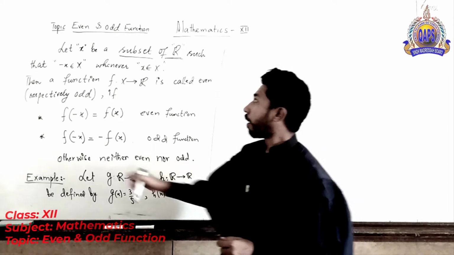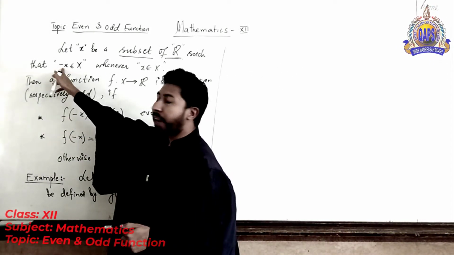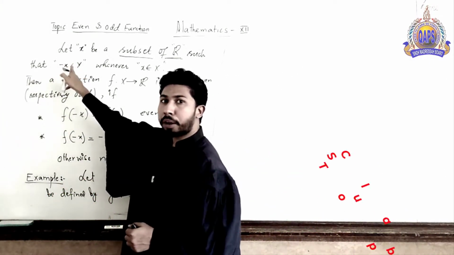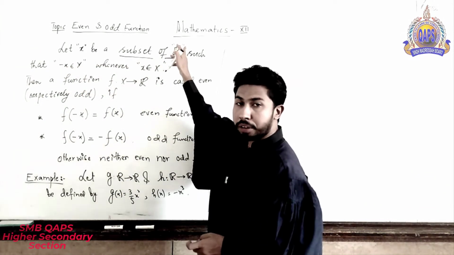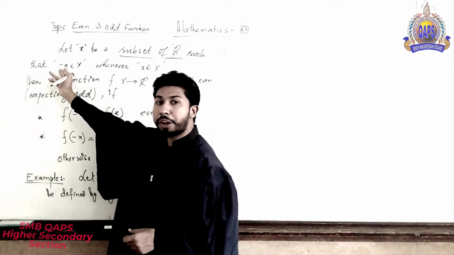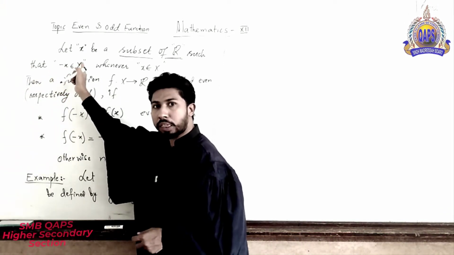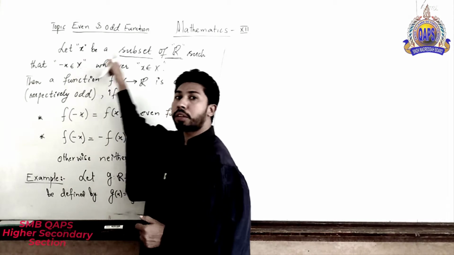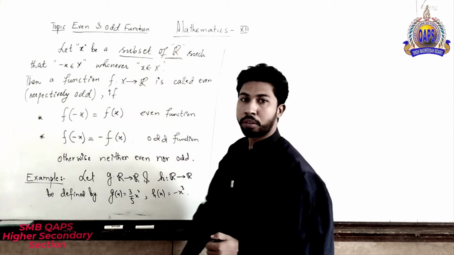If you take negative numbers which belong to the set X, these numbers also belong to the real numbers. So basically these negative numbers belong to the set X, and the set X is a subset of real numbers.